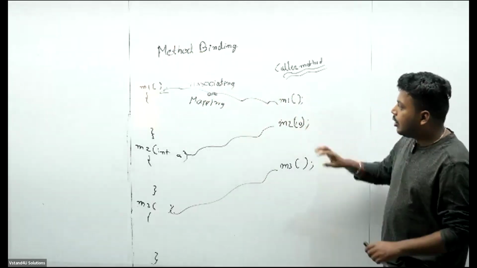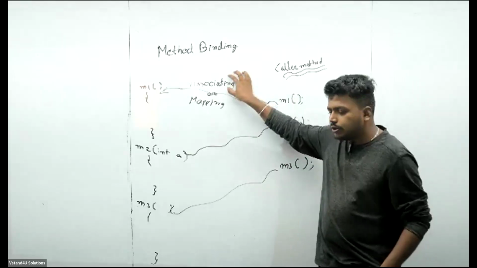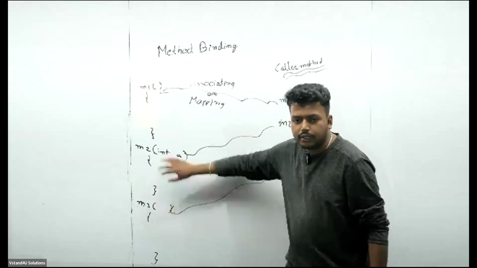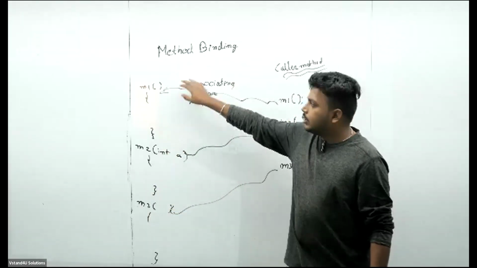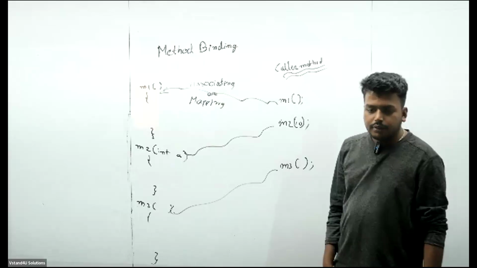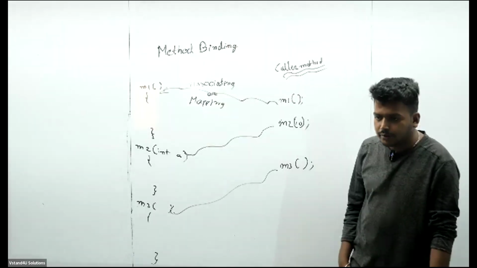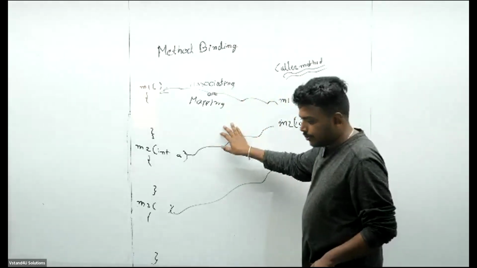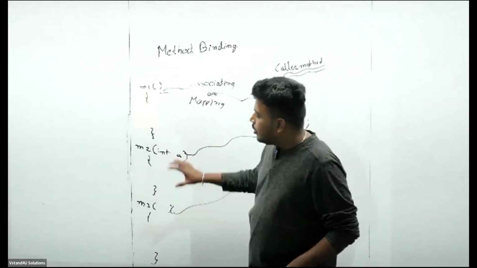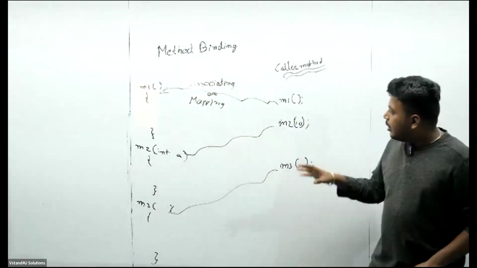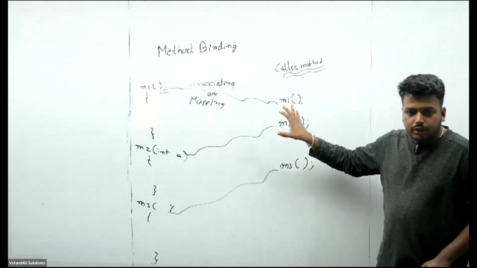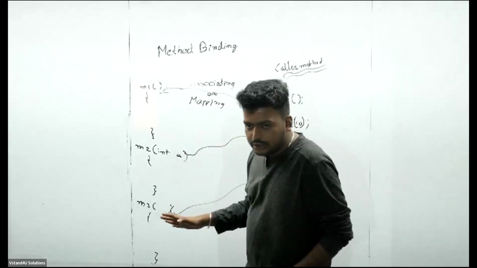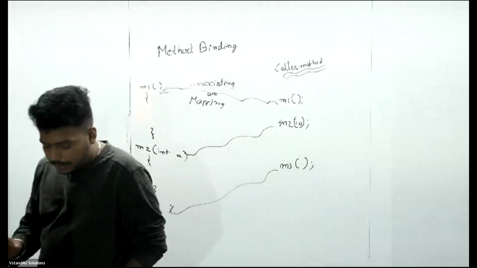Whenever a caller method is associating or mapping with the implemented method is called a method binding. Now you tell me the definition.